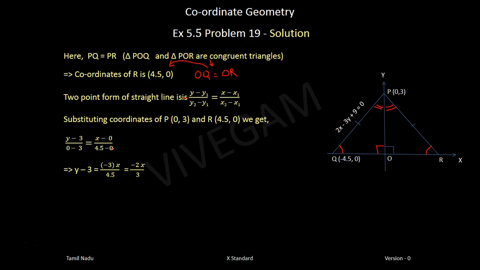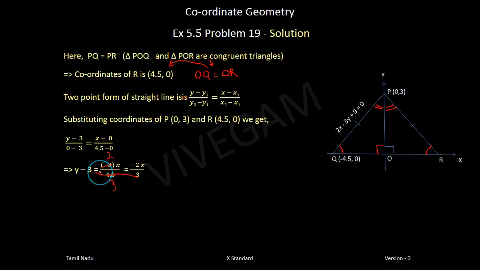So what will this be? This will be y minus 3 divided by minus 3, and this minus 3 will go to the other side. It will become minus 3x by 4.5. Now if you look at this, 1.5 will go 2 times and 1.5 will go 3 times. So this will be y minus 3 by minus 3 equal to x by 4.5, which reduces to 2 into y minus 3 equal to minus 3x... Now you cross multiply with this and this, right?